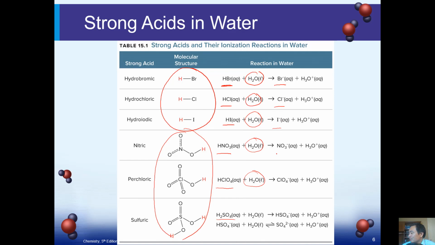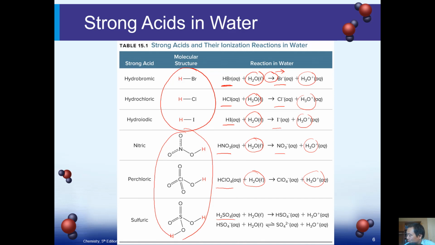Water will pick up that H+ or proton, and they always become hydronium. Also, pay attention to the arrow you use here. This arrow is one-sided to the right because it goes to the right 100%. That's why you use this type of arrow.